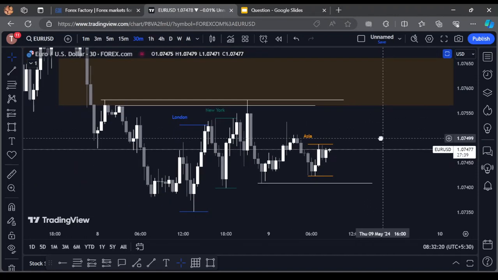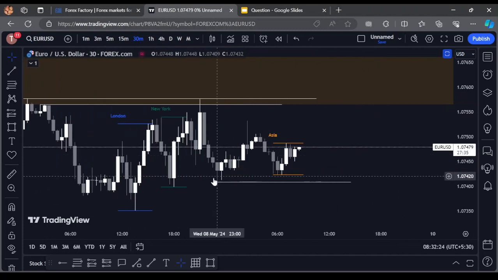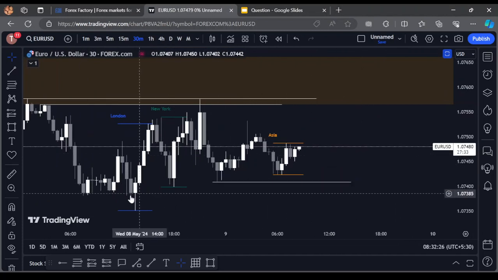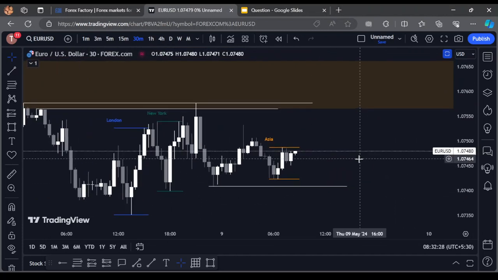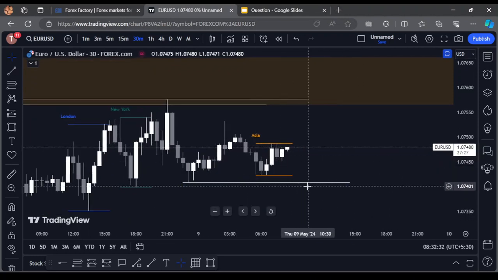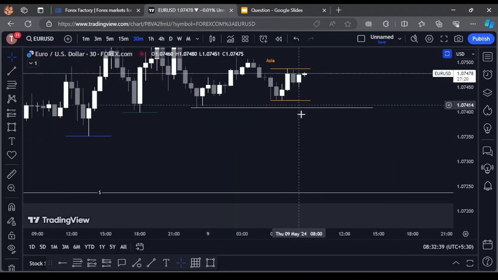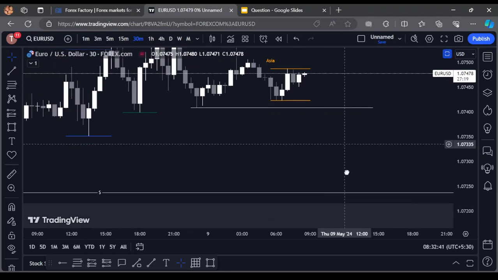So now that we are into the 30 minutes, we can clearly see that this is equal highs, and the price is also making equal lows right below it. So if we are going to break the Asia low and most likely going to close below this structure, we are going to continue the journey towards the downward direction till this level.